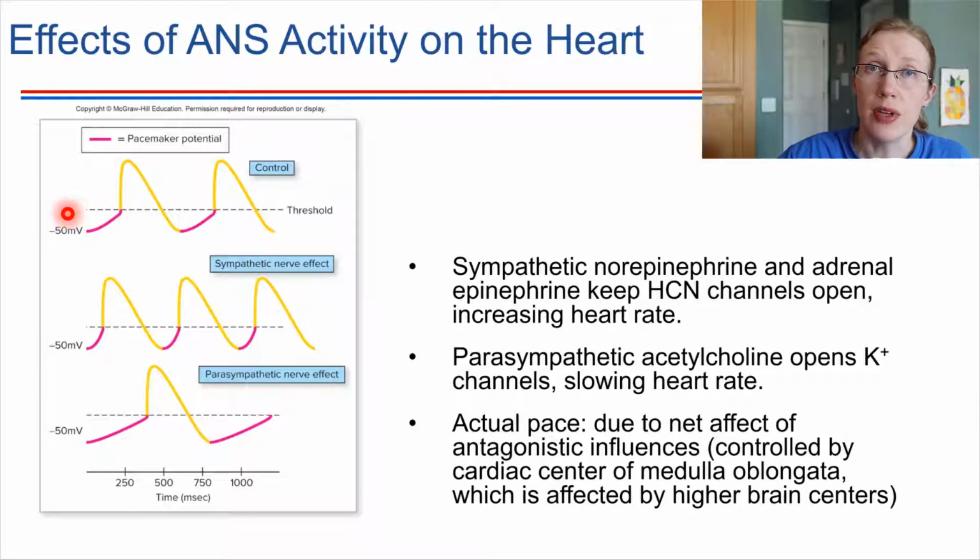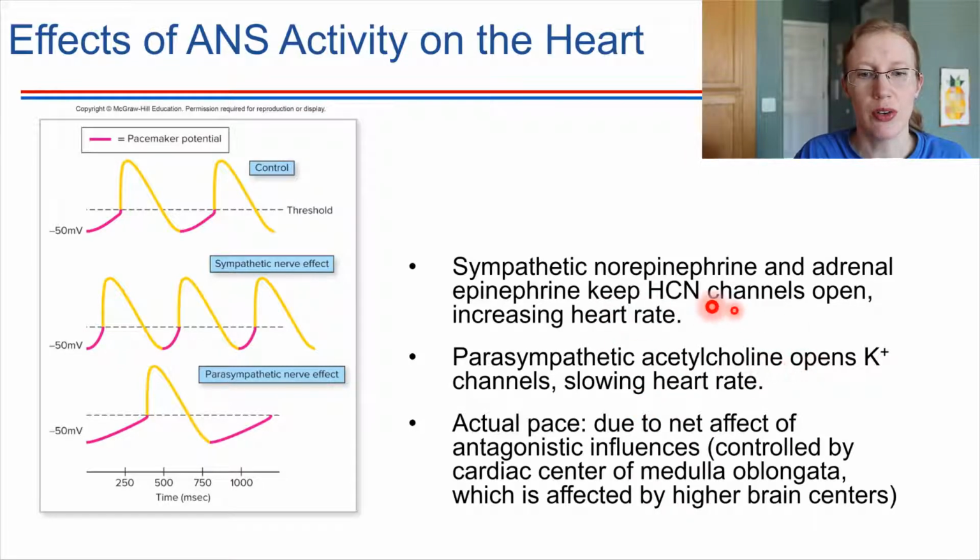The way that that happens is just by causing these HCN channels to stay open. So in that case, it doesn't take quite as long to reach threshold. It happens more quickly. That's due to the effects of the sympathetic division of the nervous system. The parasympathetic division, on the other hand, remember that's the rest and digest division, uses a different neurotransmitter.